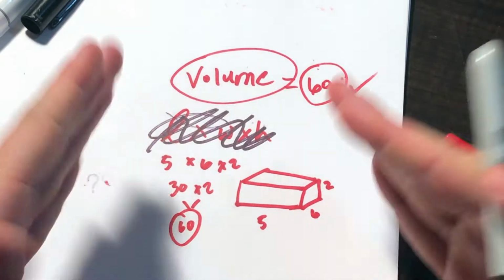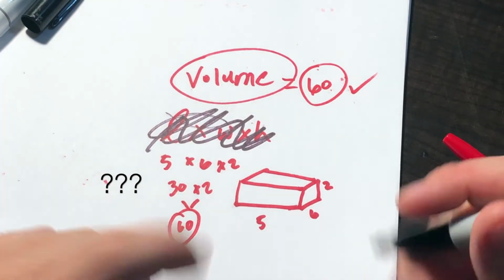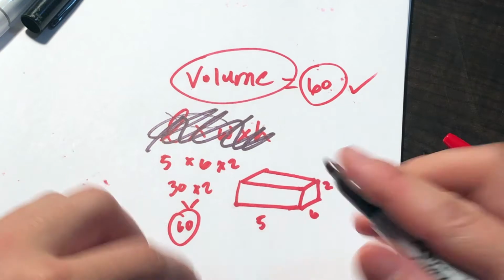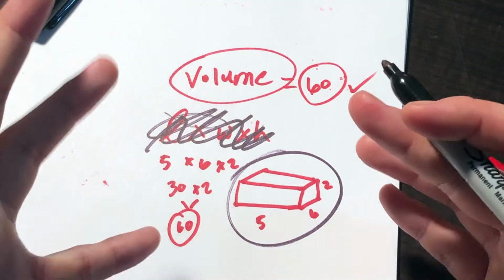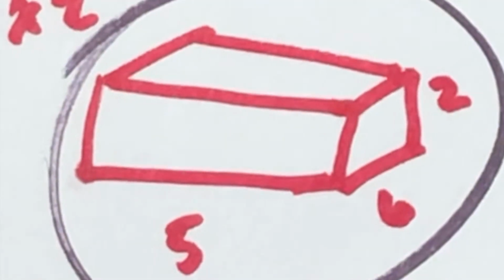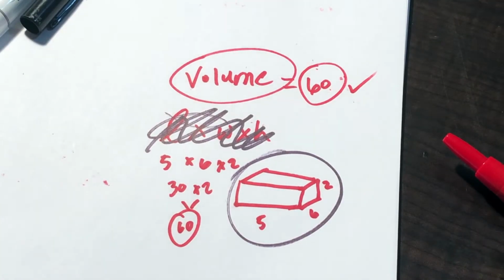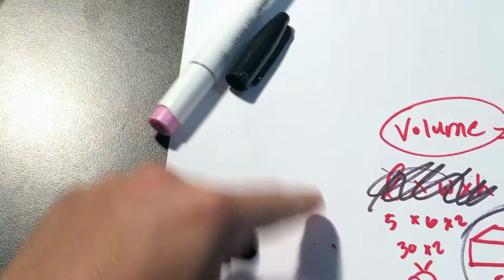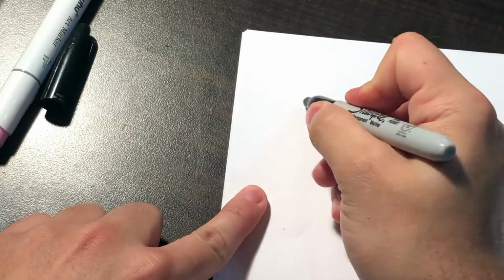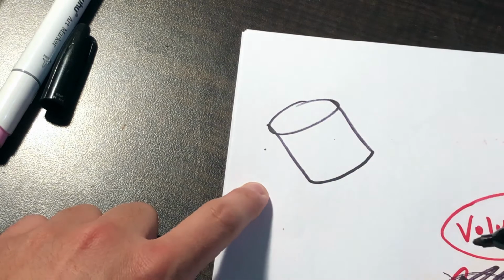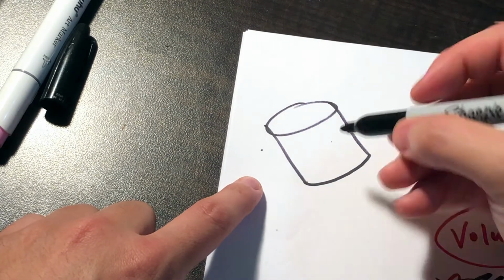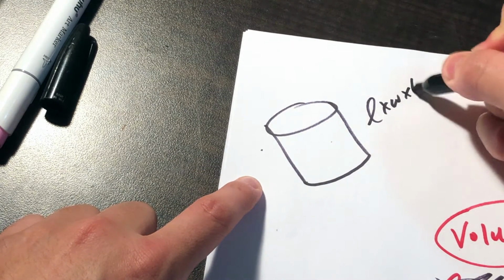But guys, this formula right here, I hate that formula, because it only works for this shape. But in math, there are so many other shapes than just that. For example, if I gave you this shape right here, the cylinder that we just talked about, this isn't something you can find by just doing length times width times height.